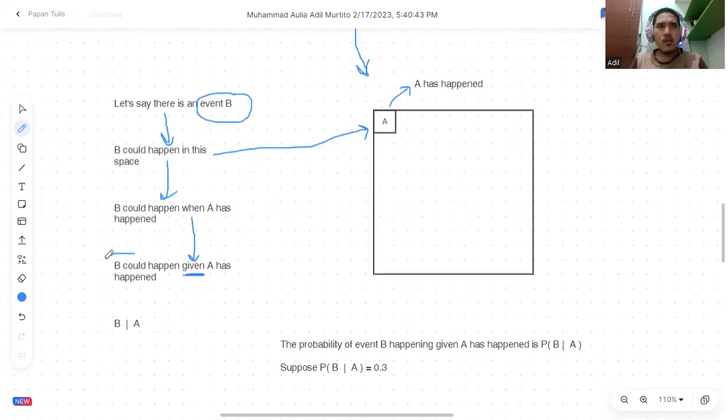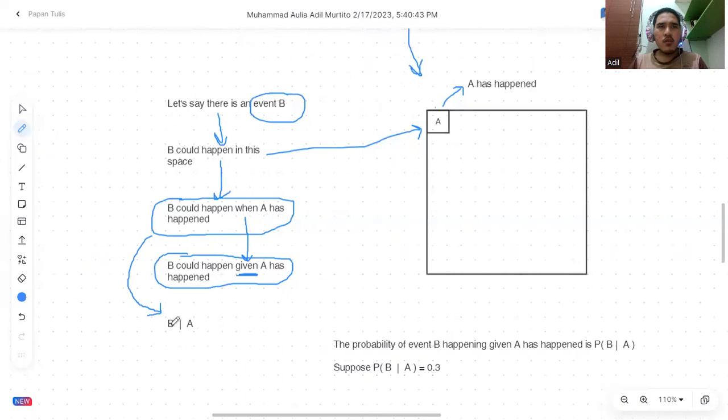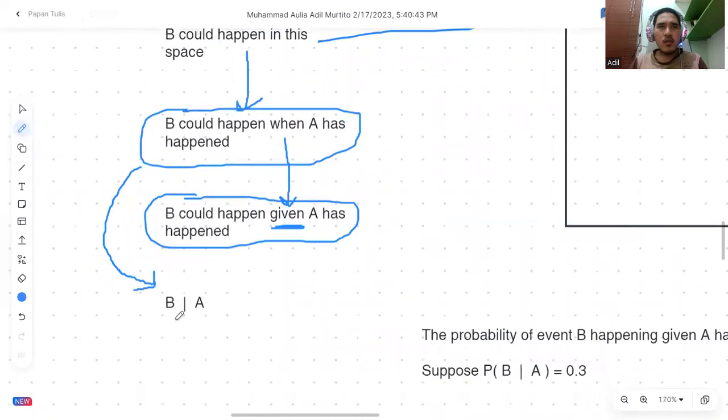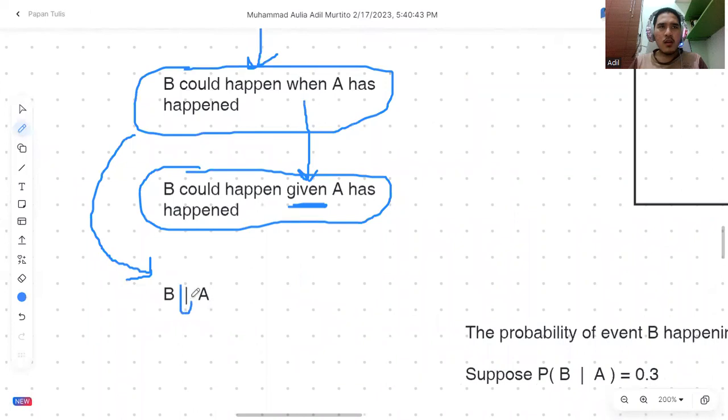Now, these two sentences could be represented as this notation. This line here means given.